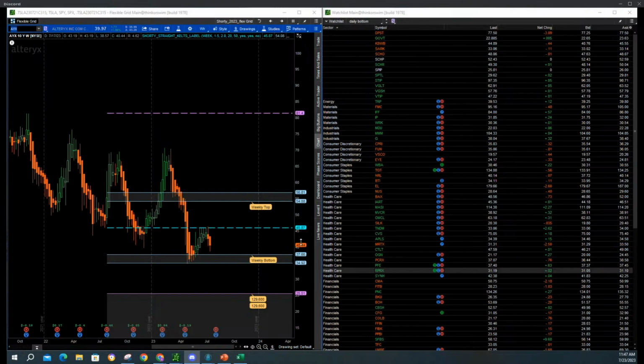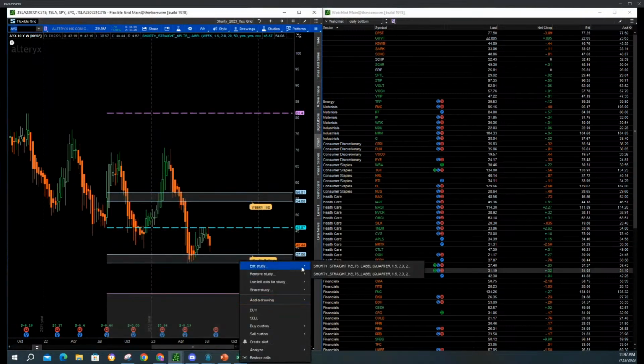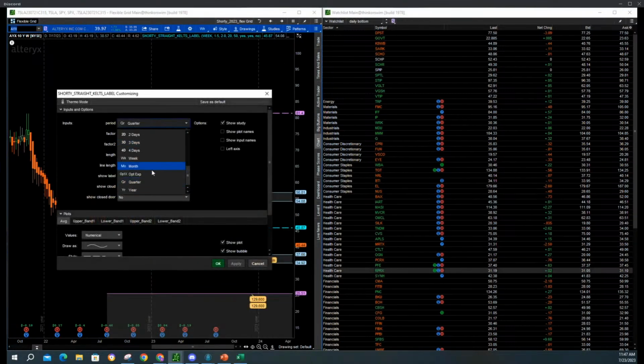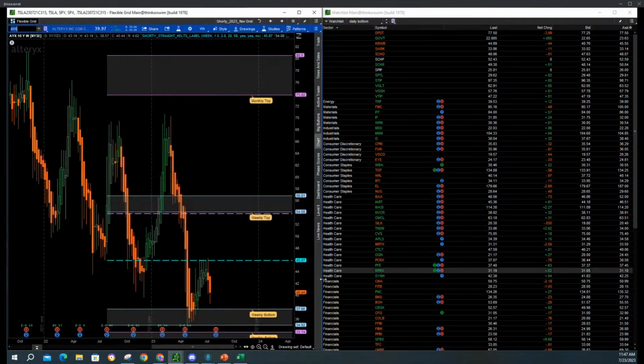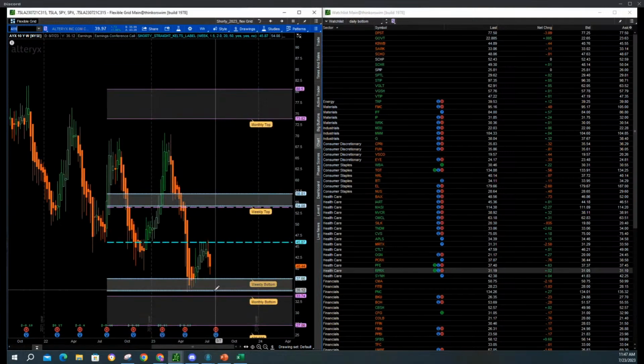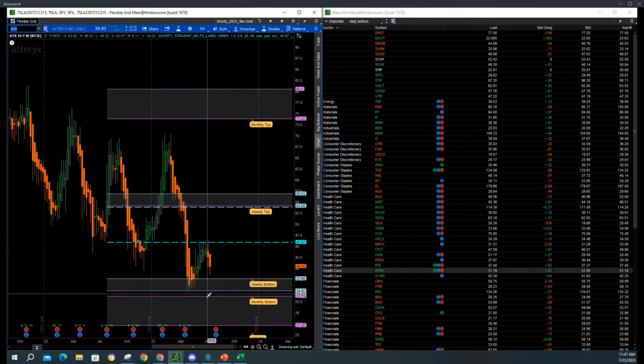Yeah, this is at the weekly bottom here. Let me change this to monthly. This is executing a really bullish setup here. So if it comes back to about 37, I don't know what they do, but it's not bad at all.